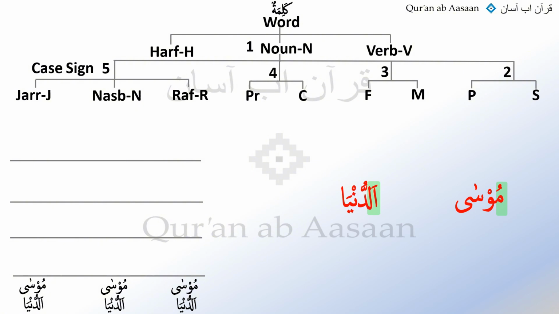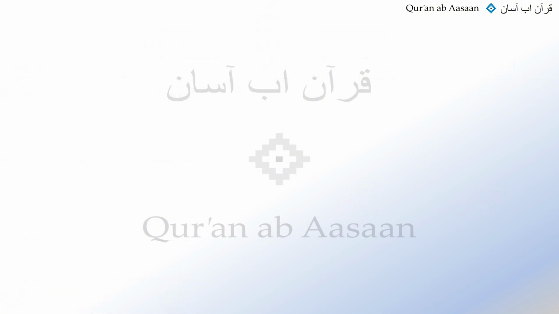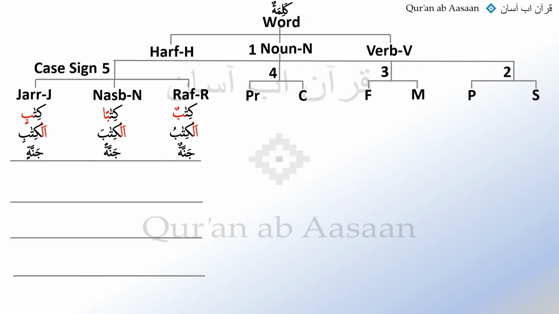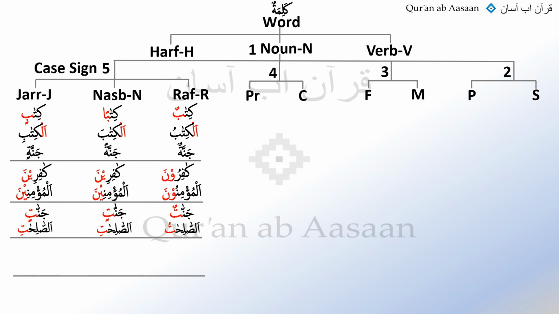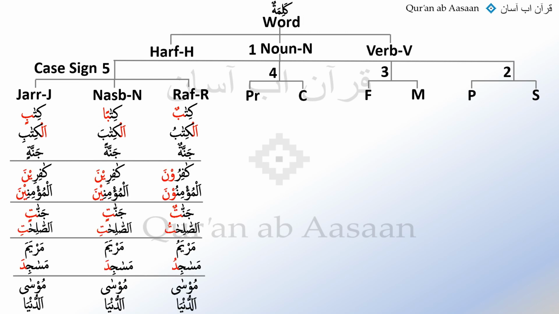All right. Alhamdulillah, you see this whole chart is full on this side. You would have noticed that I have left this whole part of the chart empty, and I've only filled the case sign portion. It is really important. This section actually contains the complete variety of the Arabic nouns.